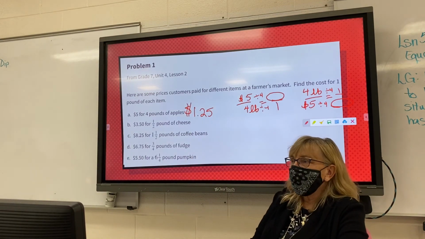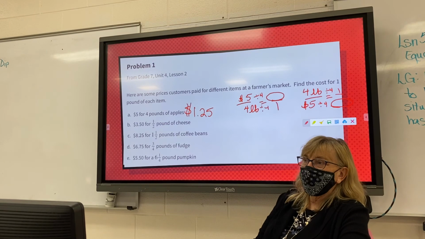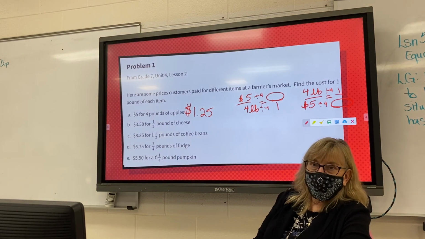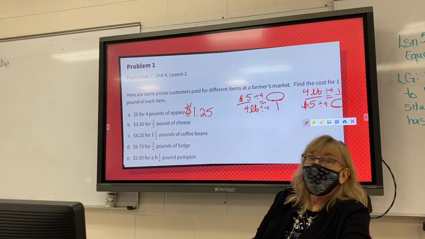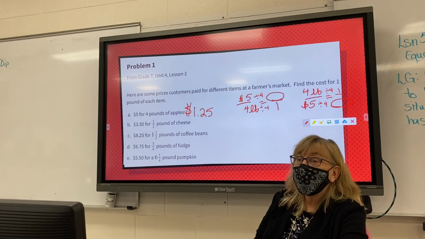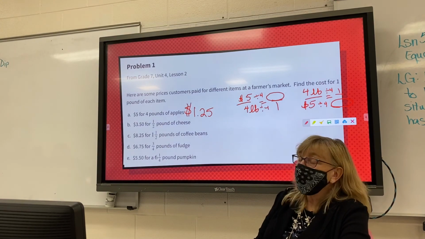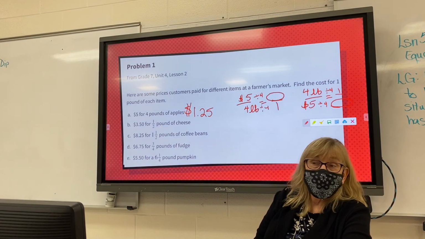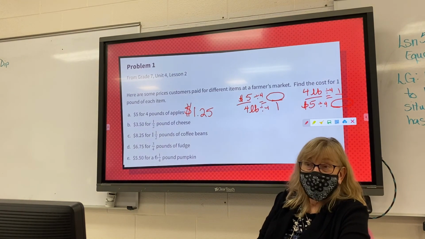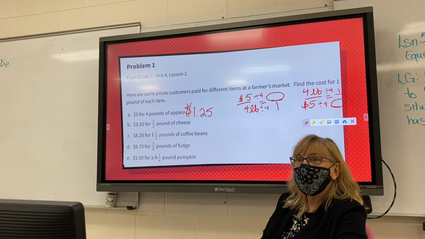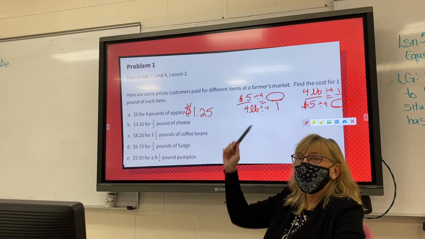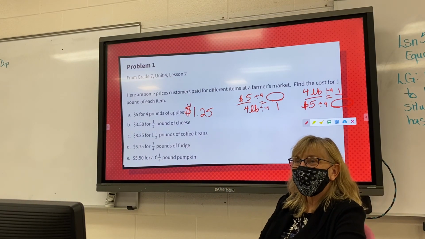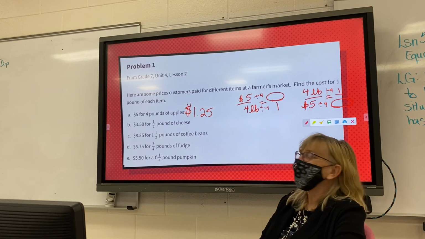Is 1.25 the same value as $1.25? No. 1.25 is a number. $1.25 is money. I know some of you did, some of you didn't. I'm talking to the people that didn't. Okay? I wasn't talking to you, you did it.